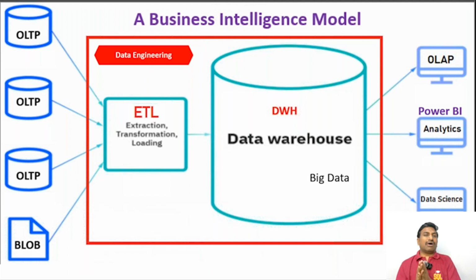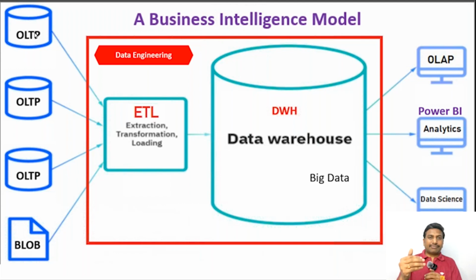So from where do we get all this data? From the users and applications. That data will be stored in databases. Those frontline databases are OLTP, remember, like a showroom.